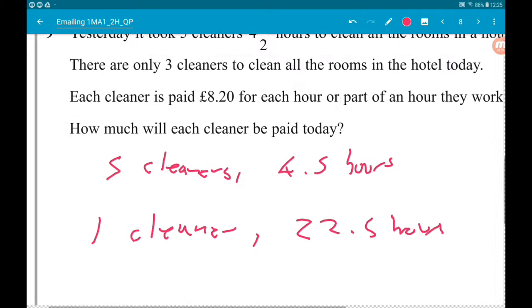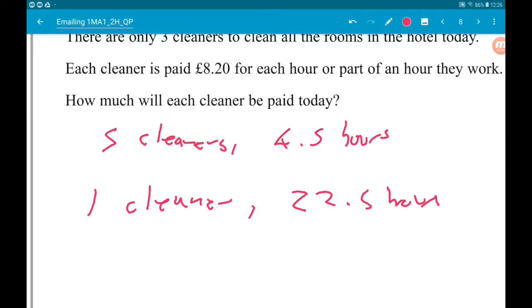Now from that, we can work out how long it would take 3 cleaners. So we're multiplying the number of cleaners by 3. Which is going to divide the time by 3. So 22.5 divided by 3 is 7.5 hours.